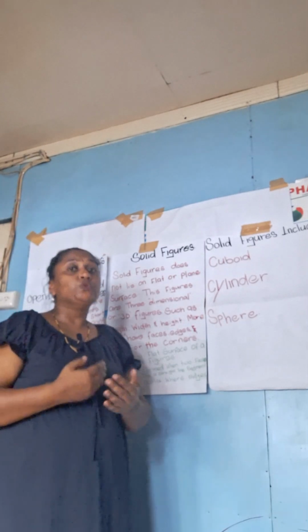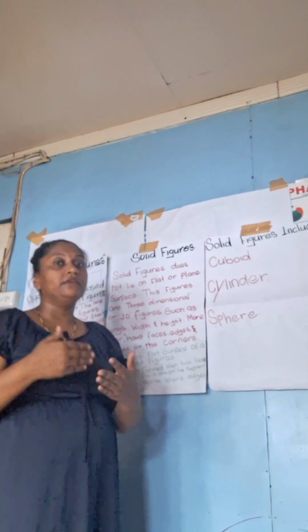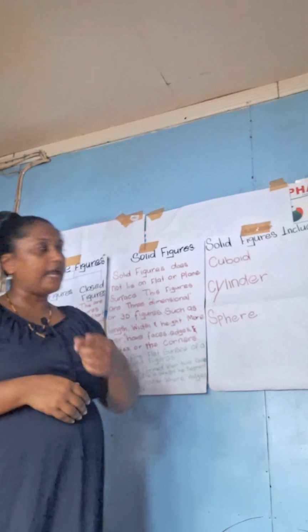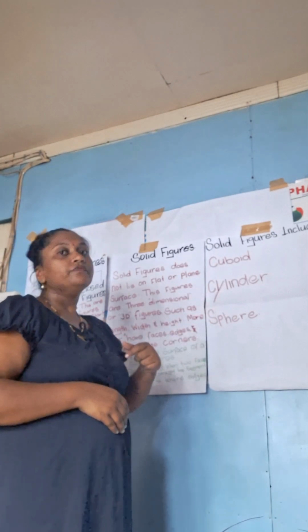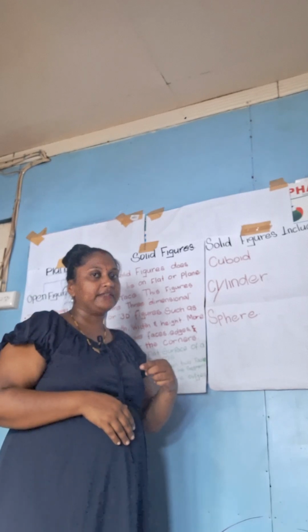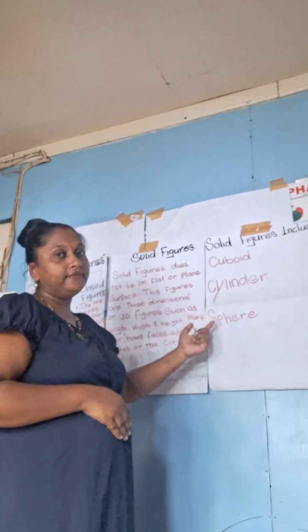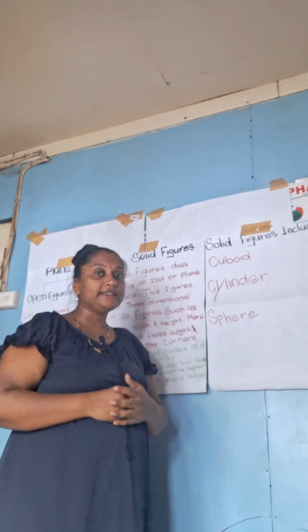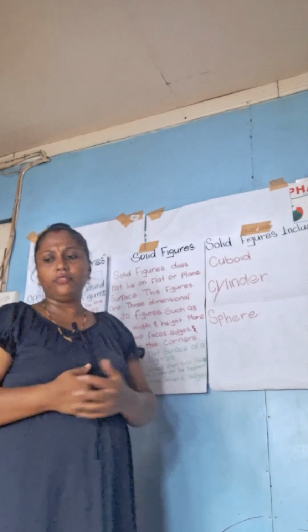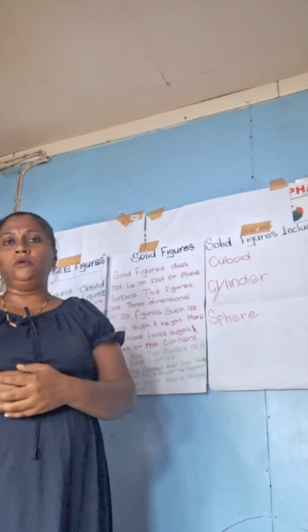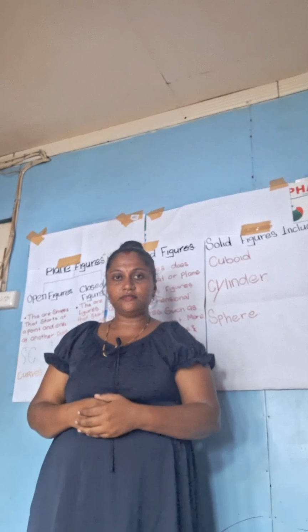Right. Today we're going to look at three solid figures, namely cuboid, cylinder and sphere. So the solid figures are cuboid, cylinder and sphere. There are others, but we are going to concentrate on only three of them. Now, cuboid. What is an example of a solid figure?